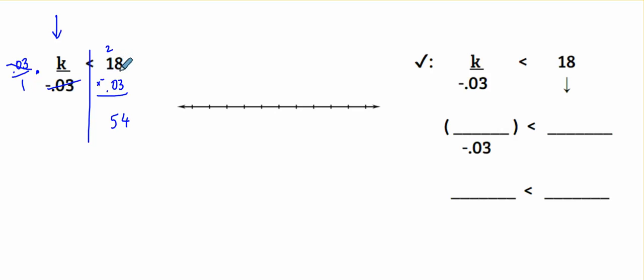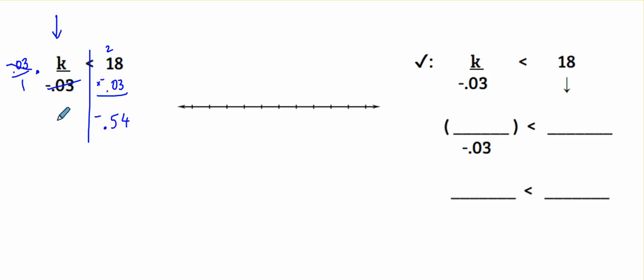Well, 18 doesn't have any numbers behind the decimal, but the 0.03 has 2. So we need to have 2 numbers behind the decimal, which means my decimal needs to go here. And then I ask myself, what happens when I have a positive multiplied by a negative? Well, they're different signs, so my answer is negative.